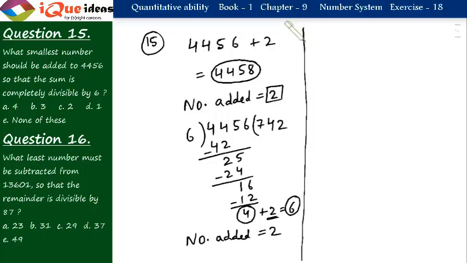Now let's take up question number 16. It says, what least number must be subtracted from 13601 so that the remainder is divisible by 87? Now here the divisor is large. So what do we do? We use conventional method directly. Okay. So 87 divide by 87, 13601. 87 ones are 87.